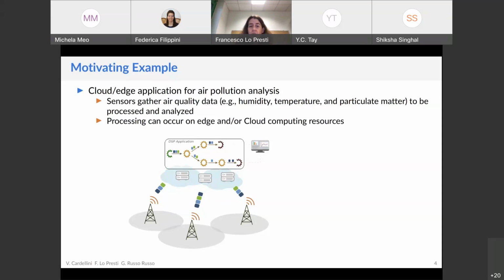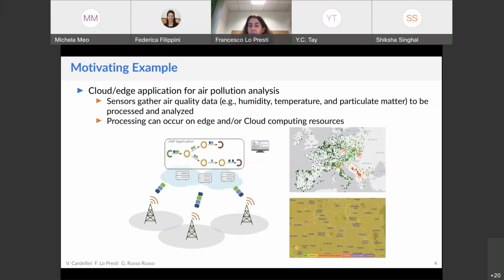So you can use the full spectrum of computing from the edge to the cloud, and you can provide an analysis that can regard a specific city, for example, Milan, or a larger area, for example, some countries of Europe, as you can see here in the picture.